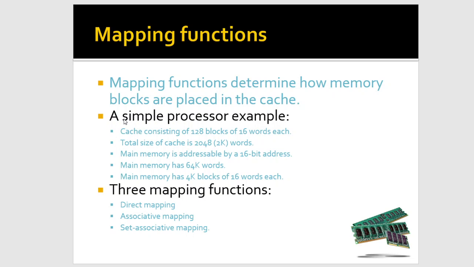The block size of the main memory and the cache memory are the same, and each block consists of a number of words, also sometimes referred to as the word address or block offset address. And there are three different types of mapping function. One is called direct mapping, one is called set associative mapping, and one is called associative mapping.